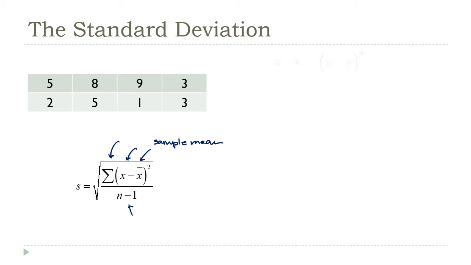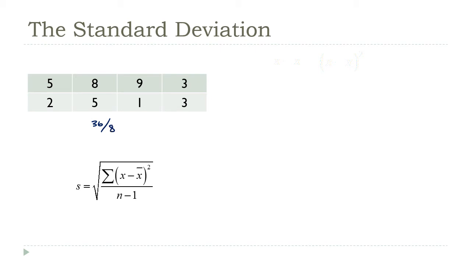All right, so to actually do these calculations, first, we're going to need that mean. The sum of all of the values here, if you add all of these up, is 36, and there are 8 numbers.